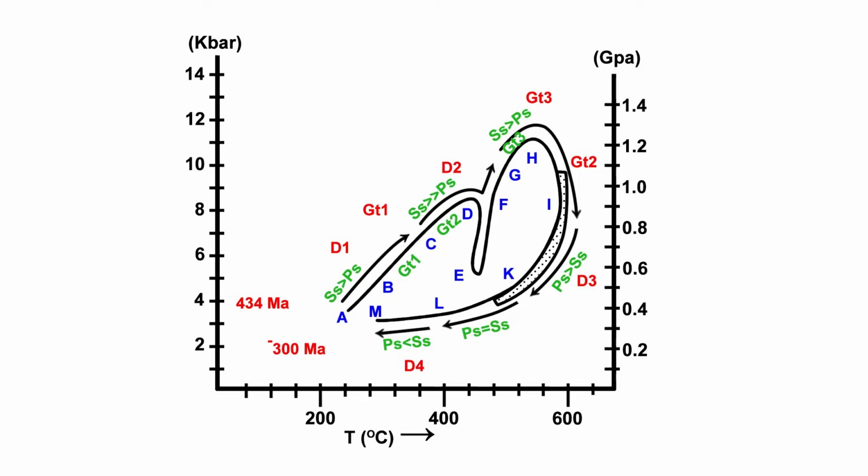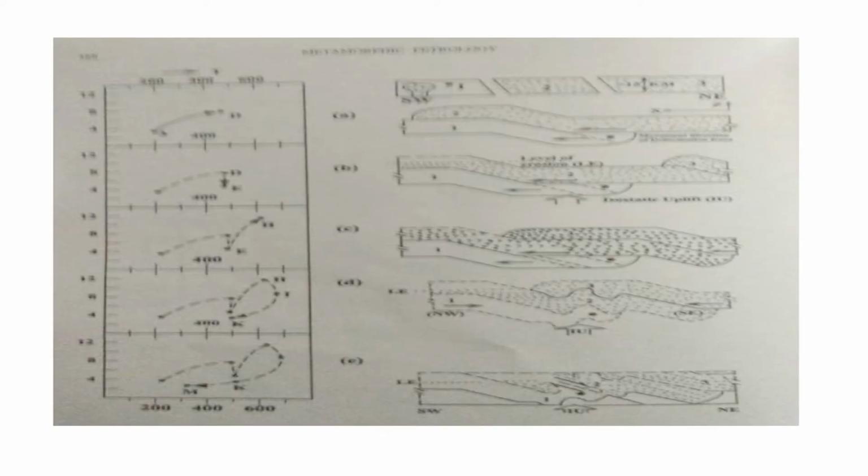The resulting pressure-temperature path with radiometric ages and deformation component is in fact a pressure-temperature-time-deformation path and is shown in figure 10 on the screen.